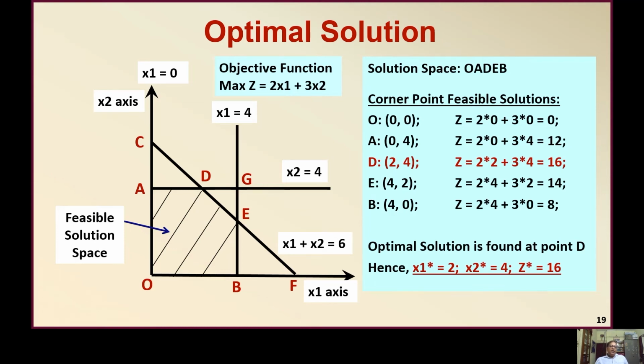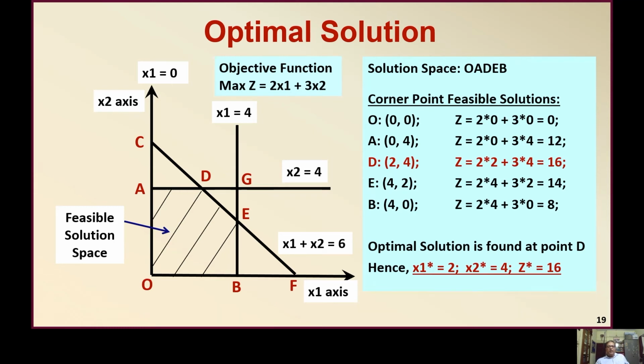But still, they are finite numbers, and we know one of them is going to be an optimal solution, right? So how exactly can we quickly find the corner point feasible solutions, evaluate them and find the optimal solution? That is what we have to understand.